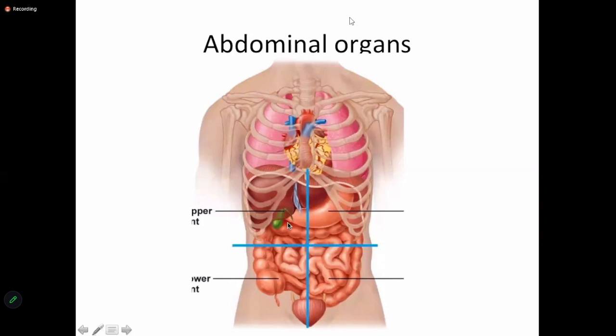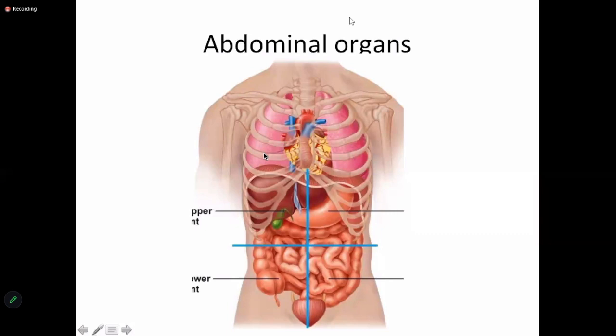some of the abdominal organs are located under the rib cage. Which means this is special in children sometimes.